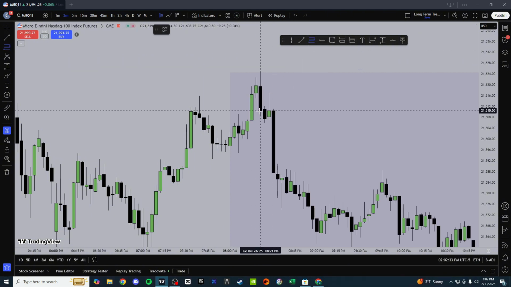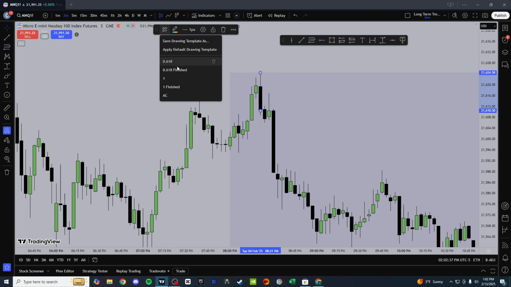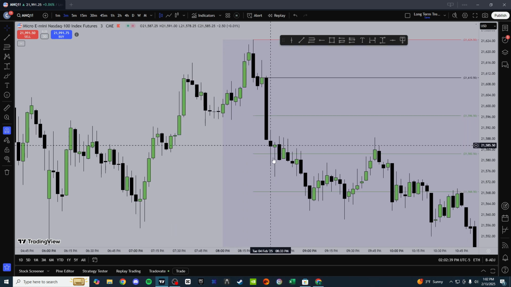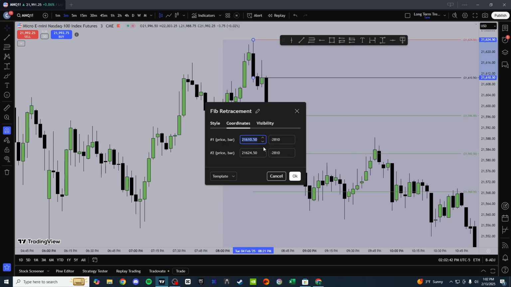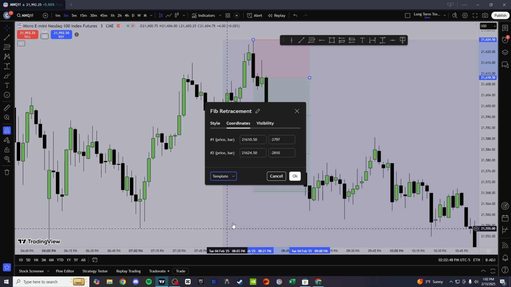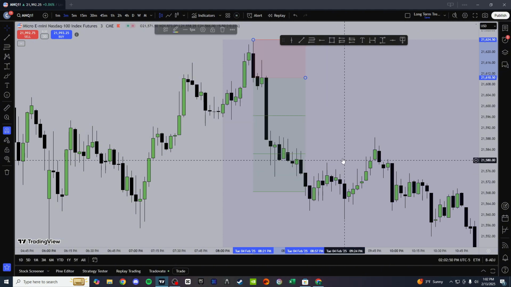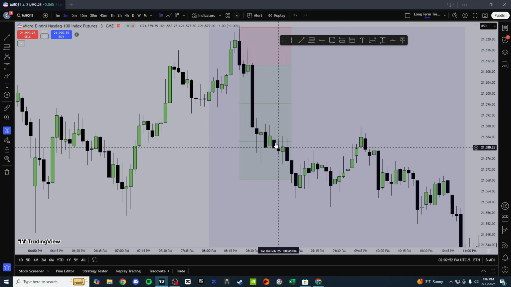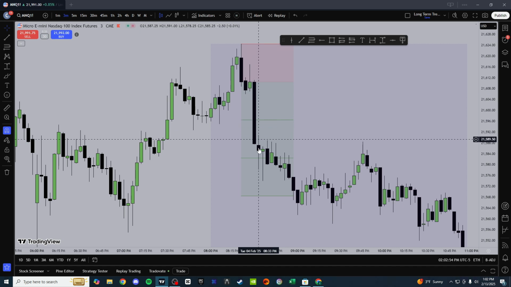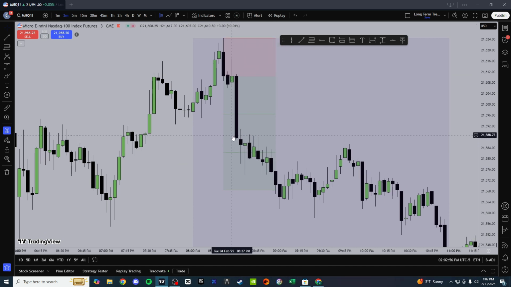So we take our entry to our stop loss, and you can see that this one also hit TP3. You can see that that one hit TP3 there. A little bit of drawdown right away, but smashed through all of them there.